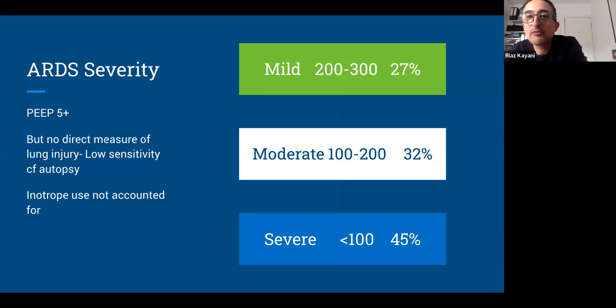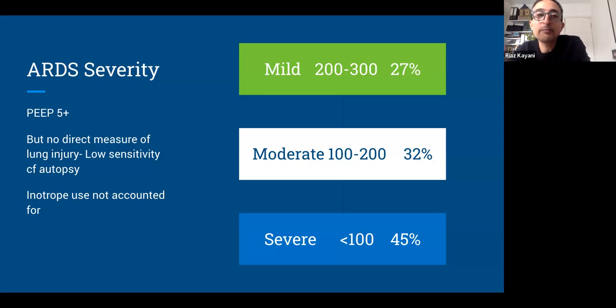It's fairly straightforward, right? They've set boundaries by which you can define the level of hypoxia, and secondly, the ARDS severity, but pretty much it's based on the ability to get oxygen into the bloodstream.